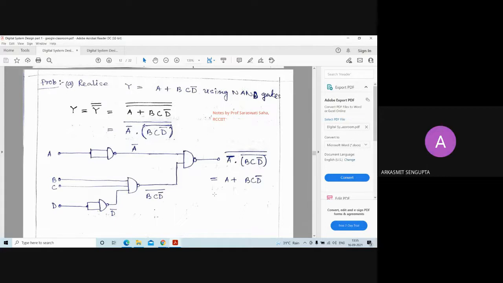Yes, ma'am. Okay, then any expression is given in this form. First, you will take the double complement of the output expression and decompose it with the help of De Morgan's theorem. Then you can guess how you can implement this with the help of NAND gate.